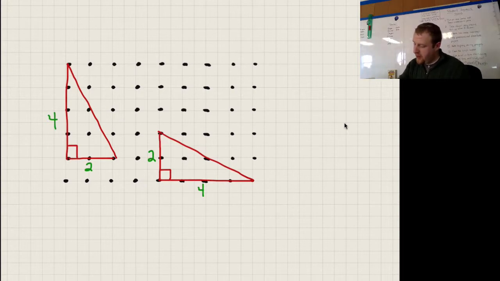And just so you know, the hypotenuse is 4.47 for both of them. You don't need to know how to find the hypotenuse. I'm going to zoom in here a little bit.